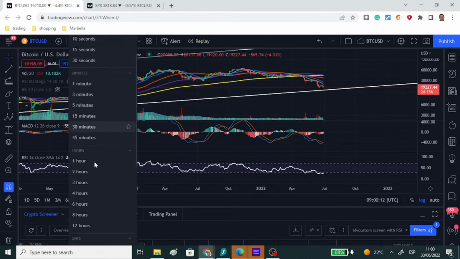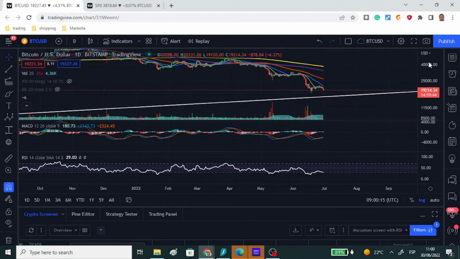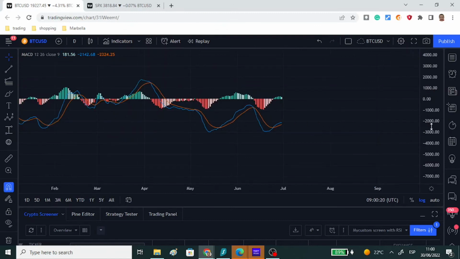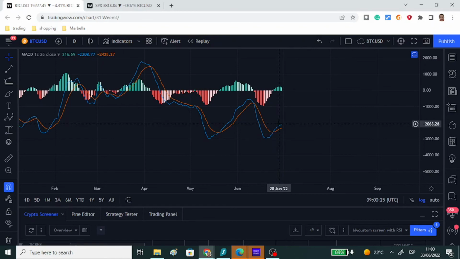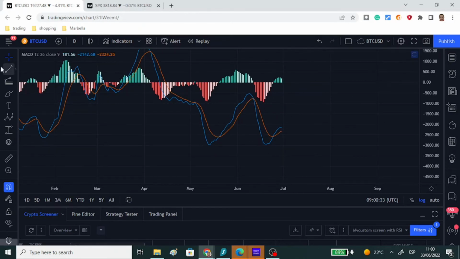Look at the daily chart. MACD is about to kind of go down, but it might not. It's all depending on the 3 days. And the histogram is about to lose its strength here.